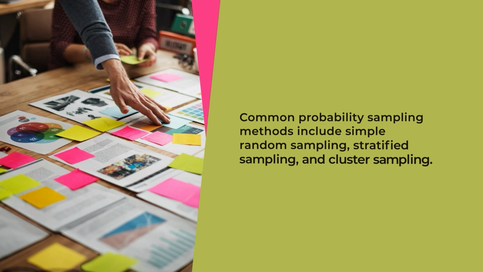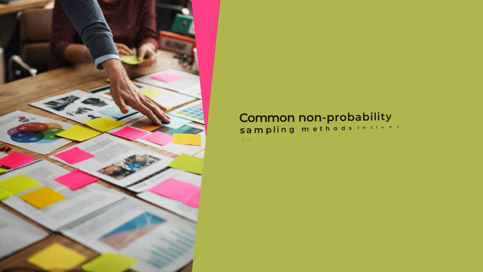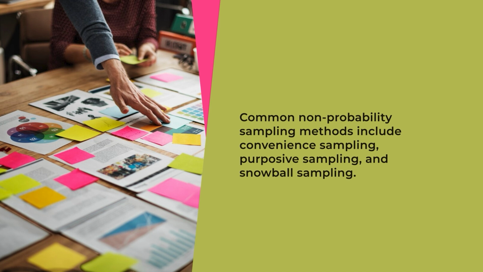Common probability sampling methods include simple random sampling, stratified sampling and cluster sampling. Non-probability sampling involves selecting a sample based on convenience or other non-random criteria. Common non-probability sampling methods include convenience sampling, purposive sampling and snowball sampling. We will discuss in detail the different methods of sampling in the coming sessions.